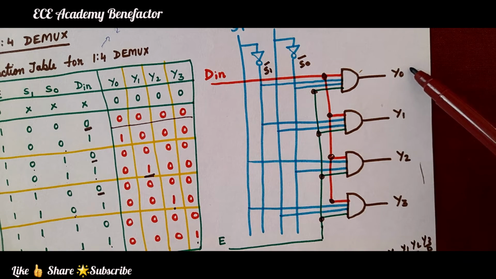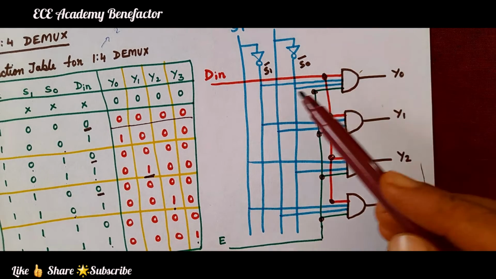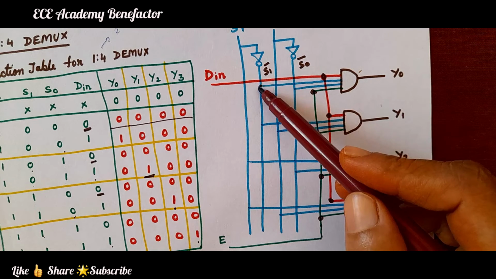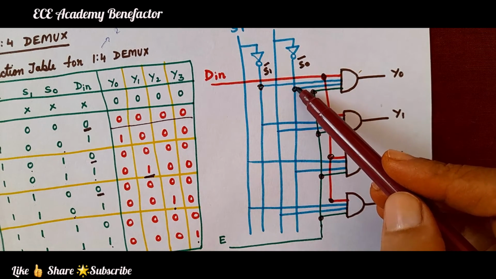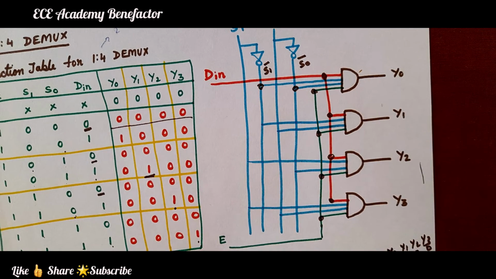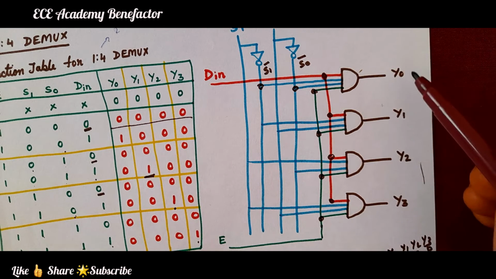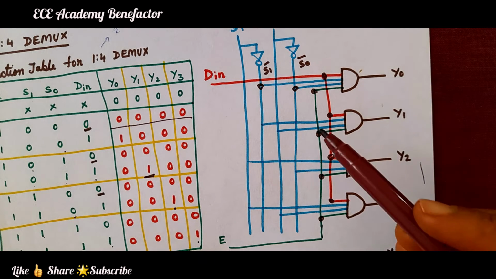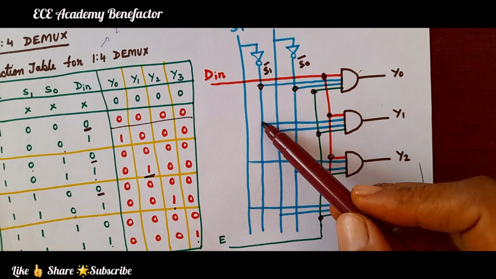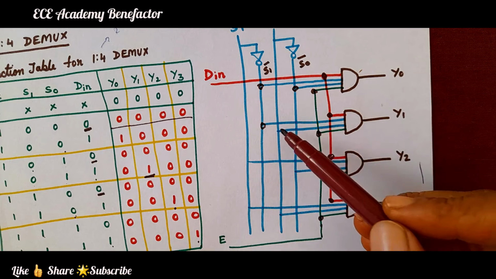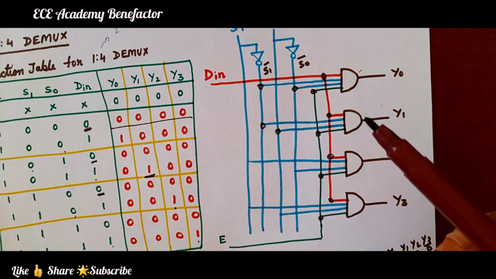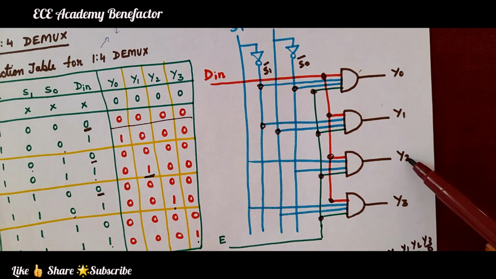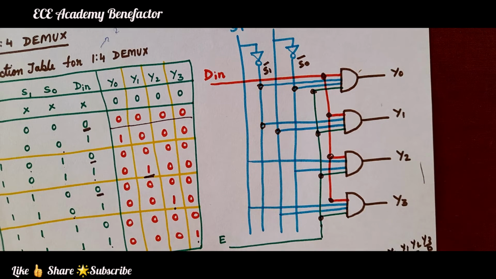Now Y0 will become 1 when the selection lines are 0 0, that is S1 bar and S0 bar. And Y1 will be high when the selection lines are 0 1, S1 bar and S0. So Y1 will be high and Y0, Y2, Y3 will be 0.